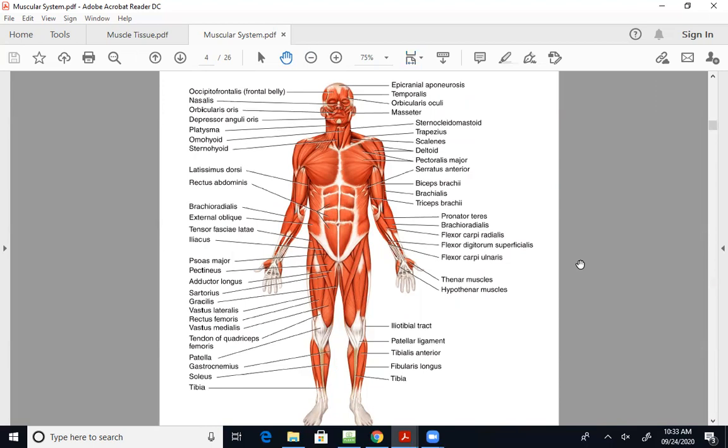Anybody know how many muscles are in the body? 507. 507 is not a bad guess. It's actually more than that. Somewhere closer to 800. Actually, a lot of muscles are really small, and we have different numbers of muscles from person to person, kind of like how we have different bones.